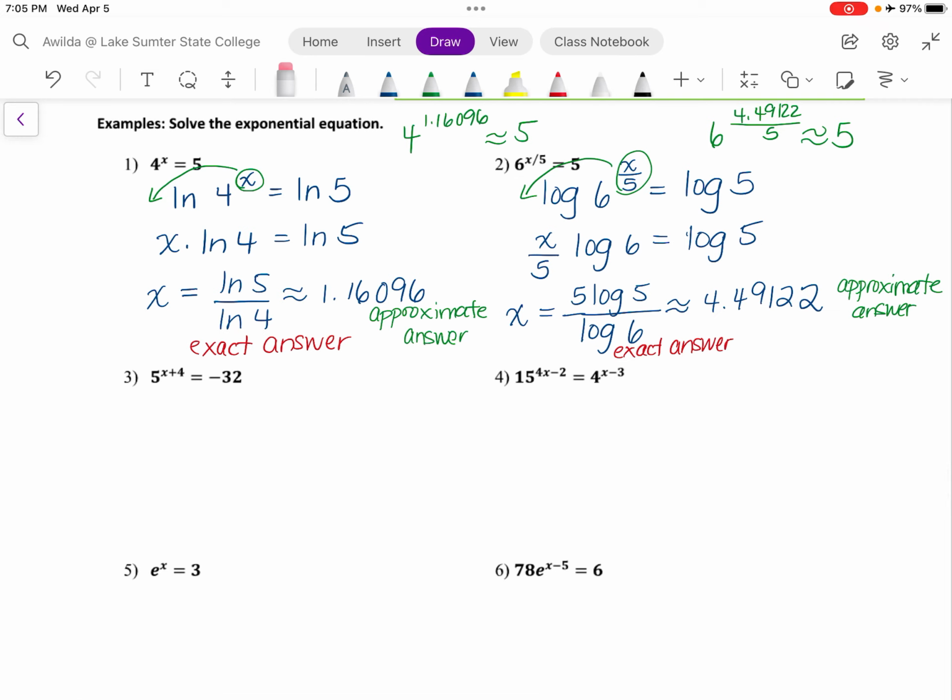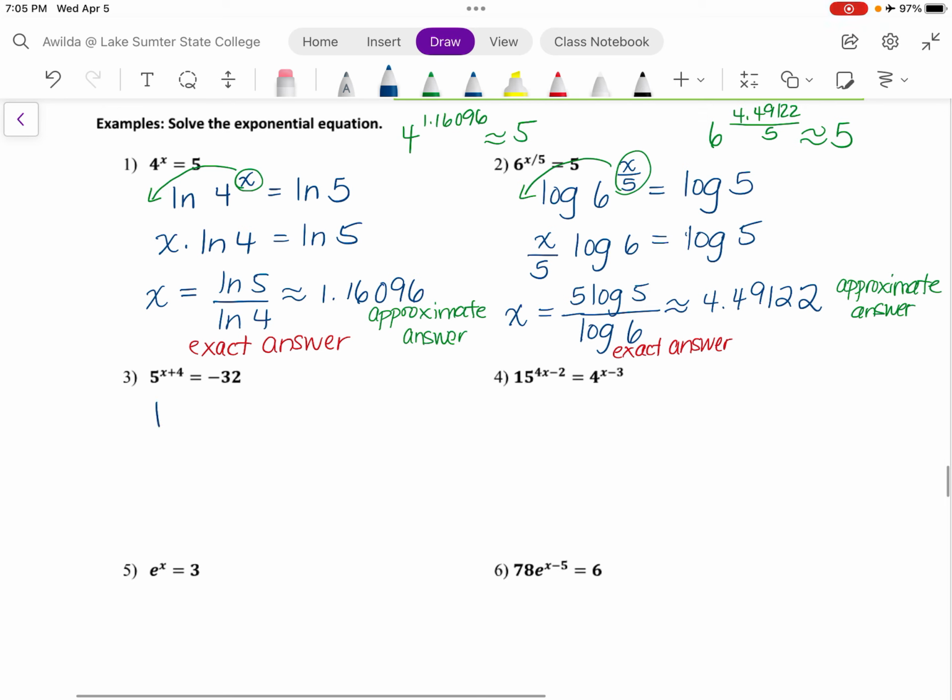Next, we have 5 raised to the x plus 4 power is equal to negative 32. Now, I already sense that we're going to have an issue here, because 5 raised to any power, whether it's a positive power or a negative power or even to the 0 power, should result in a positive result. But let's go ahead and show why I have this bad feeling here.